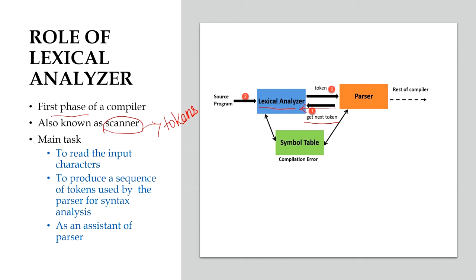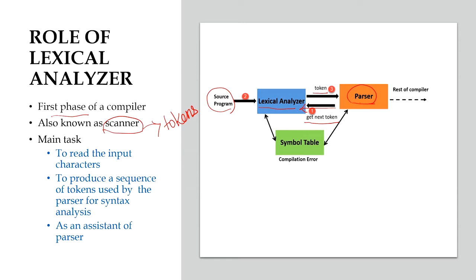On receiving this command, the lexical analyzer scans the source program until it finds the next token. After finding the token, it returns that token to the parser. Then that token is dealt with by the parser. We will see how the parser works in our next unit.